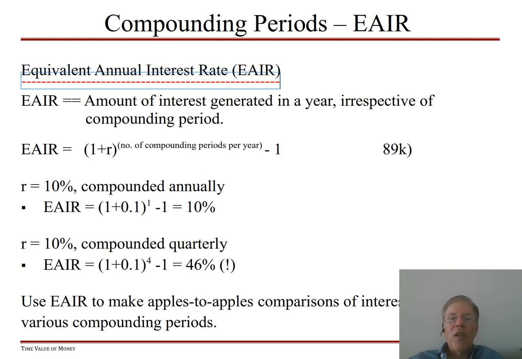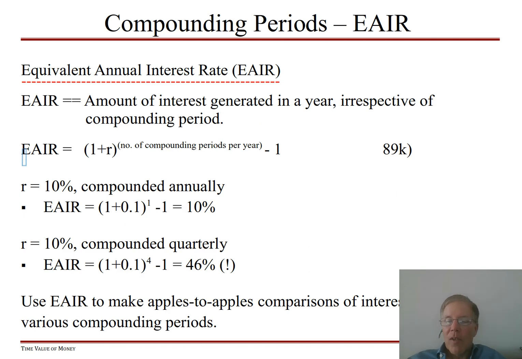The equivalent annual interest rate is defined to be the amount of interest that's generated in a year in a certain contract or investment, irrespective of compounding period, okay?